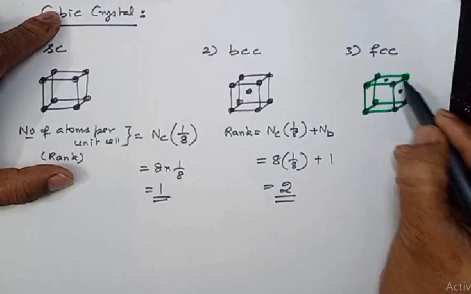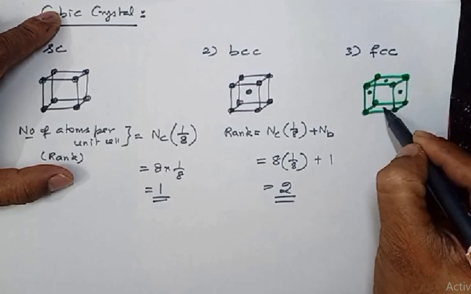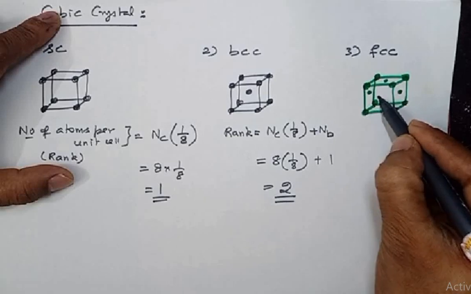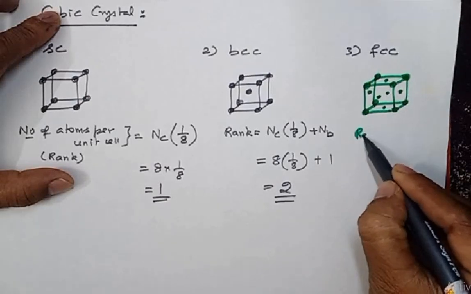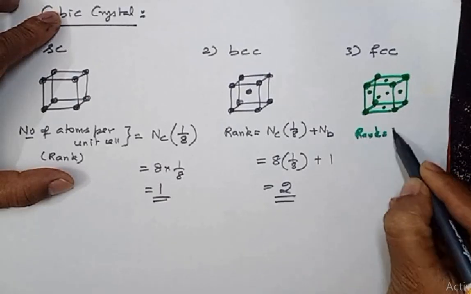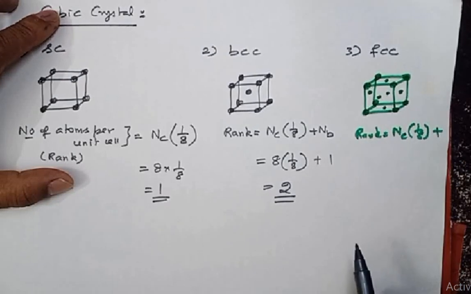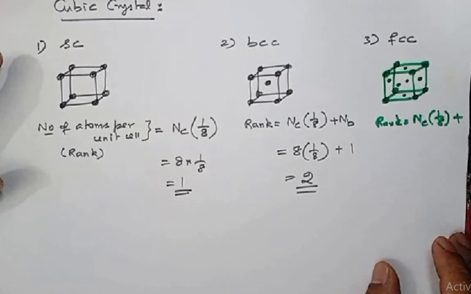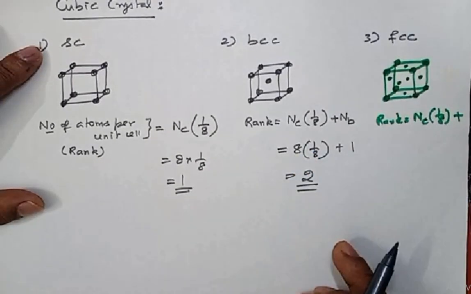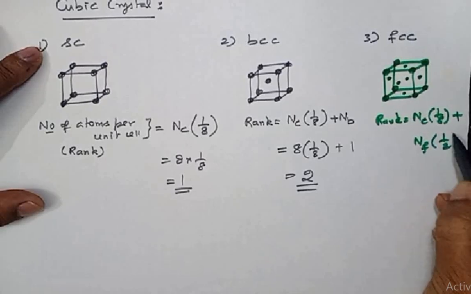In a cubic unit cell there are 6 faces: top, 2, 3, bottom, front, back. What is the rank? Number of corner atoms into 1 by 8, plus face center atoms, which are shared by 2 unit cells, so the contribution to 1 unit cell is half. So number of face center atoms into 1 by 2.